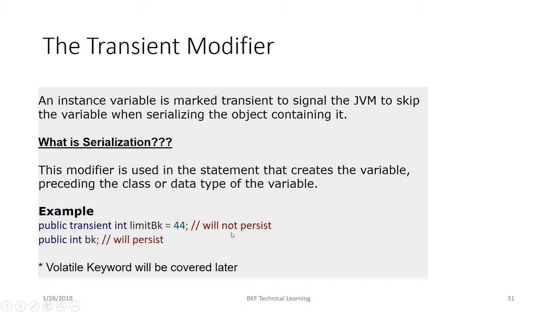That means when serialization takes place, it's a process in which your class is converted to an object. So when your class is converted to an object, this particular variable will not be stored. All other variables will be stored. So bk is going to be stored into your object of class, but limit bk is not going to be stored. So that's the function of the transient modifier.